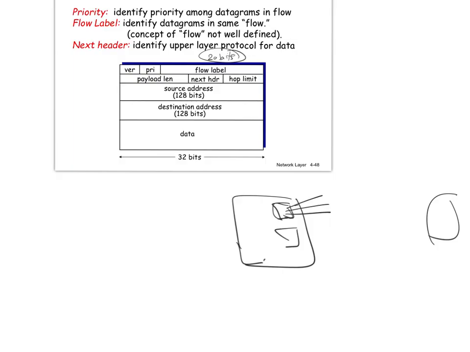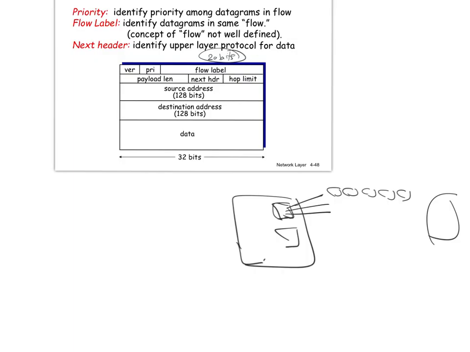So in other words, one web page is actually composed of more than one flow: video, audio, graphics, text, things like that.